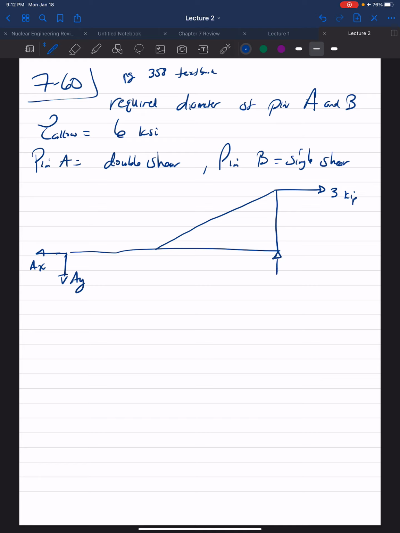D is a rocker, so you have your DY. This is 12 feet. That's 6 feet and 6 feet. 8 feet of height. 6, 8. So if you divide by 2, it'll be 3, 4. This is a 3, 4, 5 triangle ratio.